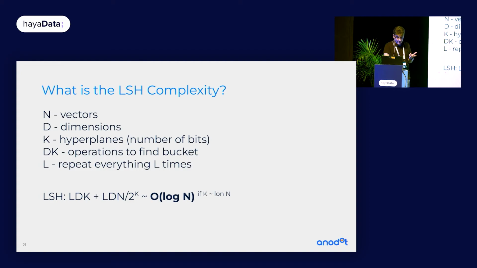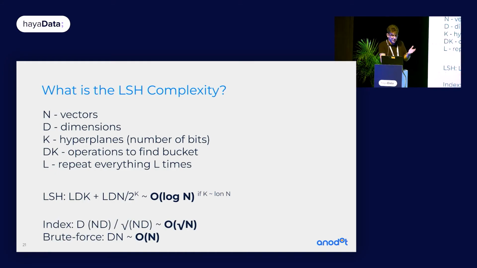So LSH complexity will be about log n, which is cool, assuming k is about log n as well, which is also a valid assumption. You can think of it like this: log of 100 million is 8, and that's the number of hyperplanes you're going to use, so it's fine. I just want to show you that LSH usage is much cheaper than a regular index, obviously brute force calculation. Again, we are comparing log n to square root of n or n.